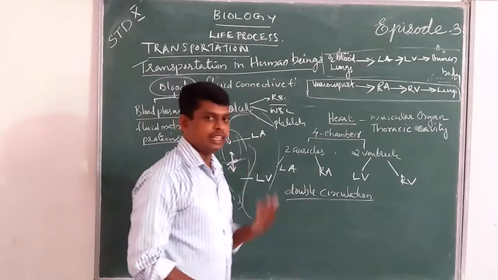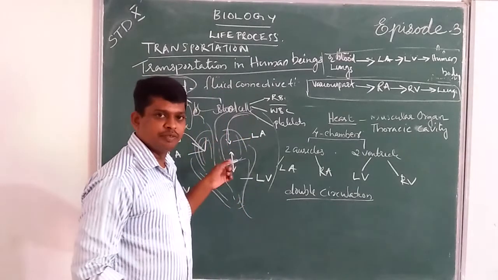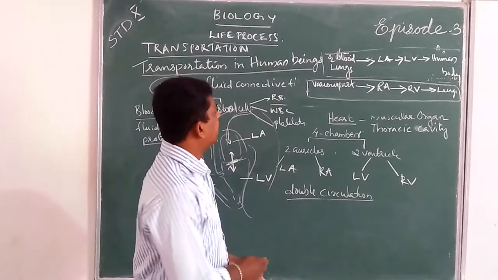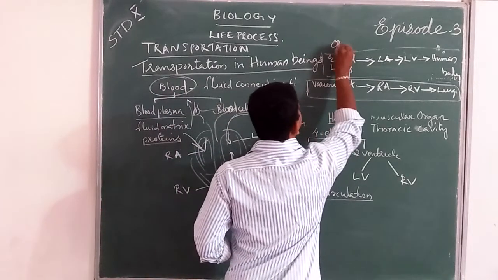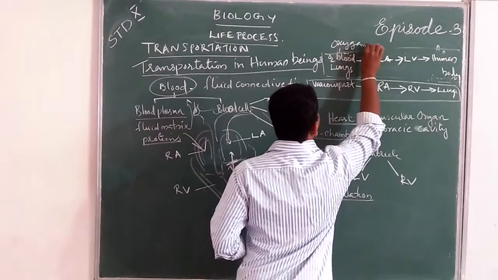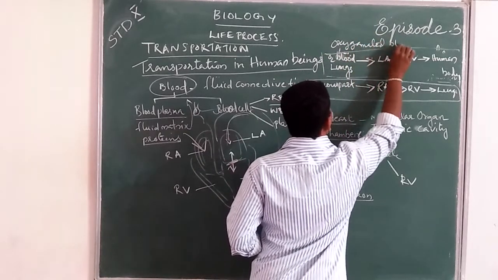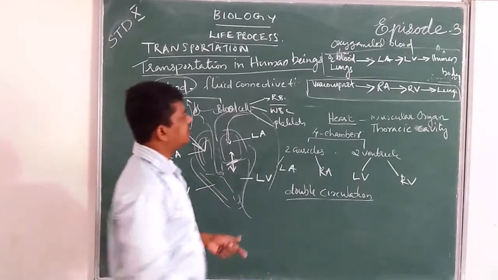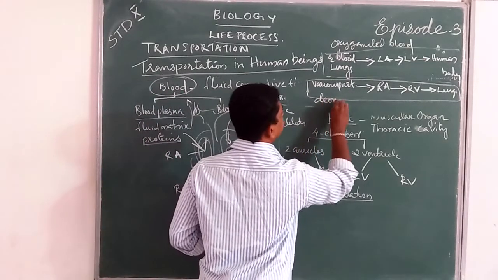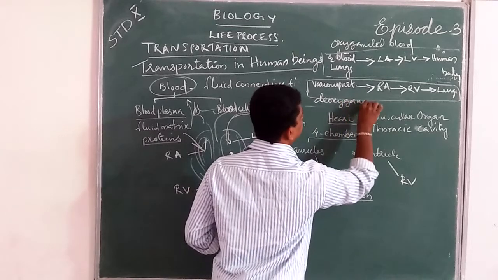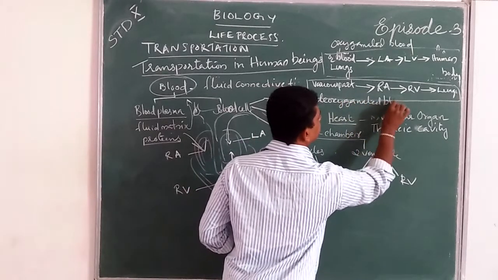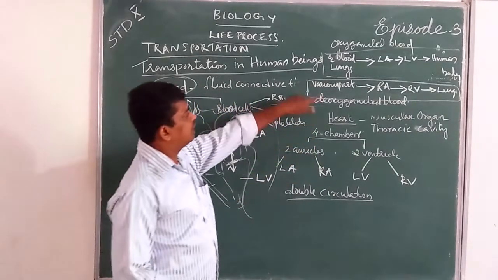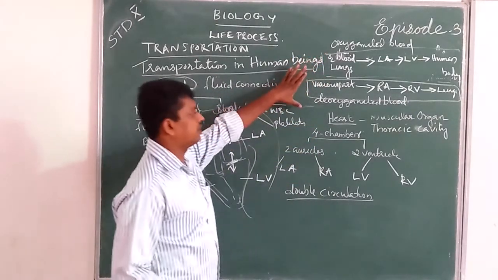So the blood travels through the heart two times. The first is oxygenated blood, and the second is deoxygenated blood. So there are two types of circulations here.